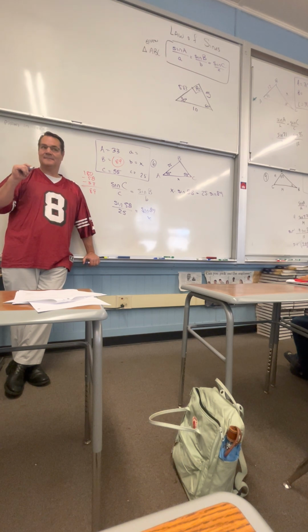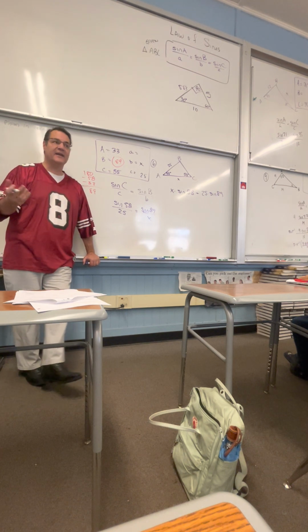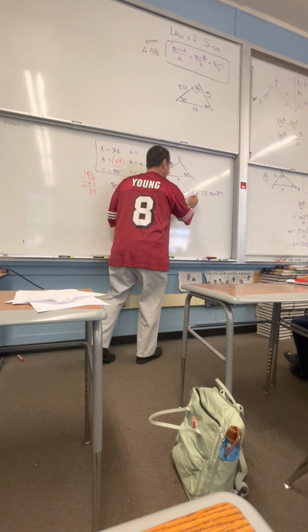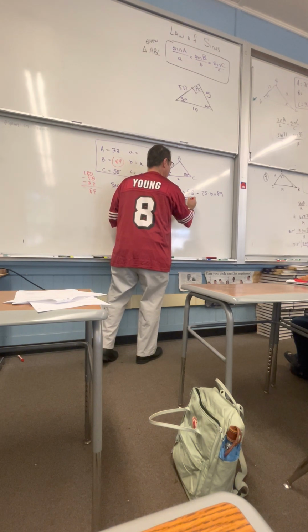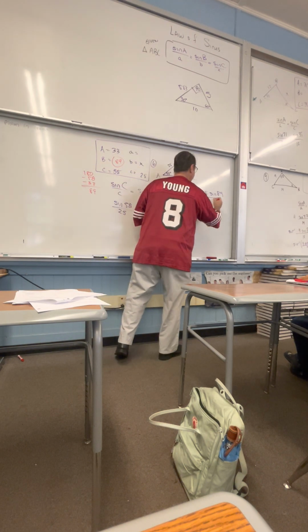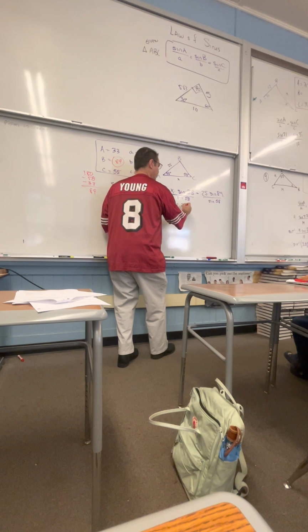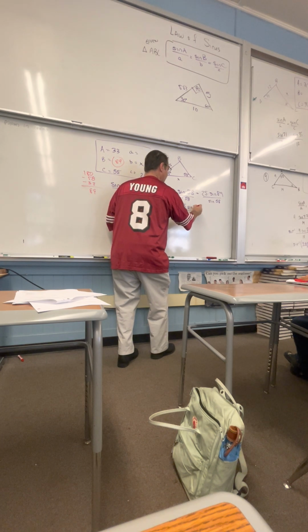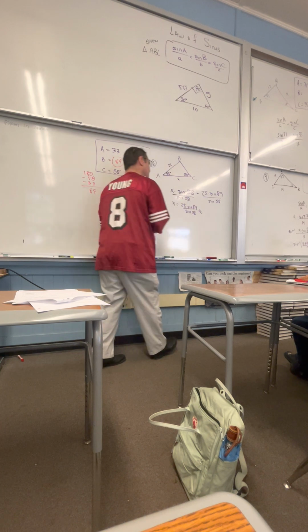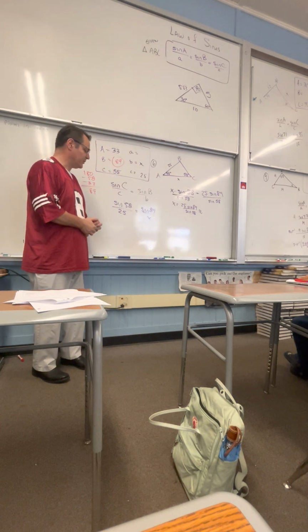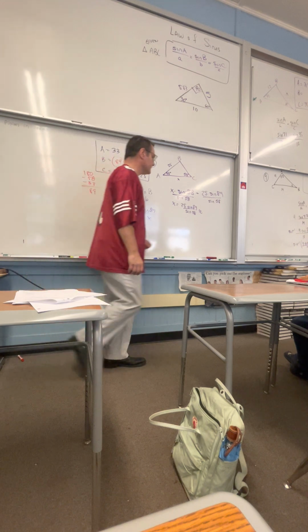Because we've got x being multiplied by the sine of 58, we want to get rid of that, so we do the opposite. We divide by sine of 58. If we do it to one side, we have to do it to the other side. These cancel, making a version of 1, so x is equal to 25 times the sine of 89 over the sine of 58. And let's use our calculators to get a decimal approximation of that.